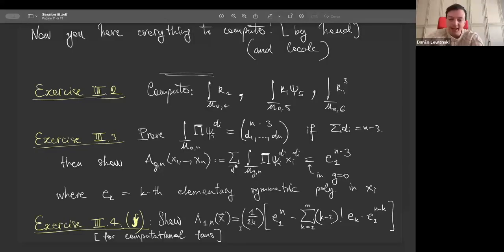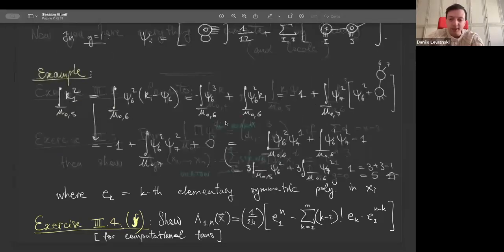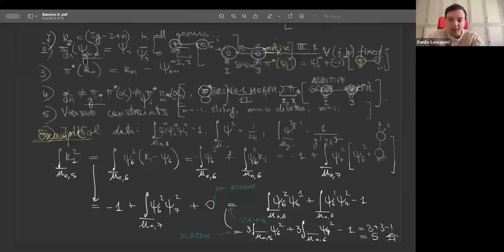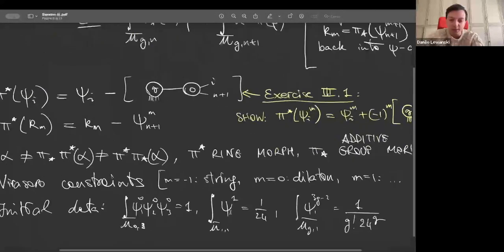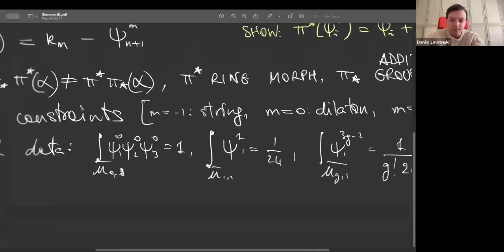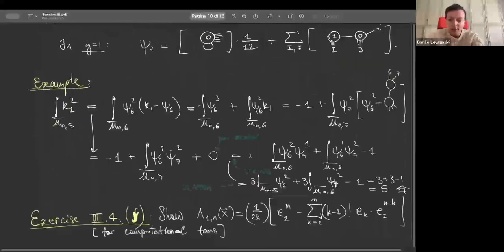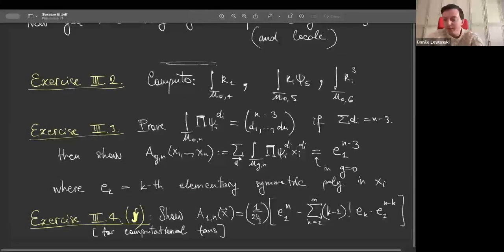So this is the n equal to 1 case where you only have one psi class, and the answer is 1 over 24. This was in our initial data. Yeah, over here. So the integral of M_{1,1} of psi_1 is just 1 over 24. And that's the 1 over 24 here.